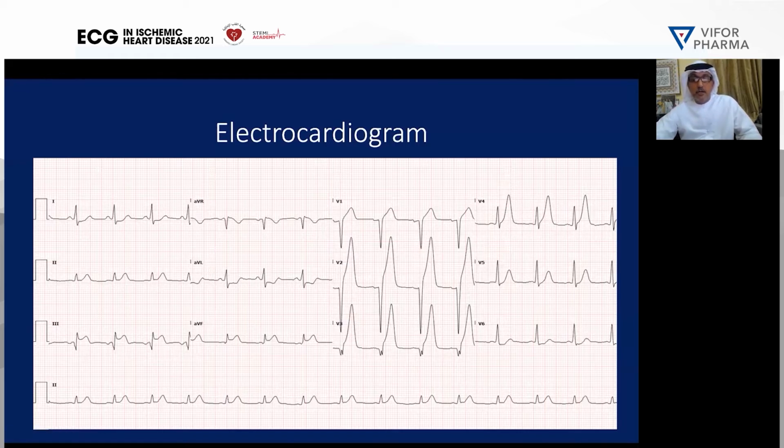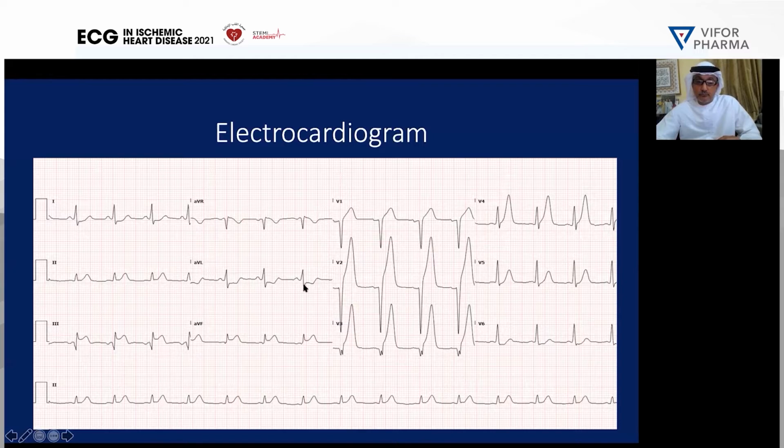A wraparound LAD means that the LAD supplies the anterior wall, then goes around the apex and wraps around, and supplies part of the inferior wall, if not a big part of it. Those are the type 3 LAD. The LAD is so big that it goes around and supplies part of the inferior wall. That's why you see ST elevation. If it's occluded, you will see ST elevation in the anterior because of anterior injury, and then inferior injury also.